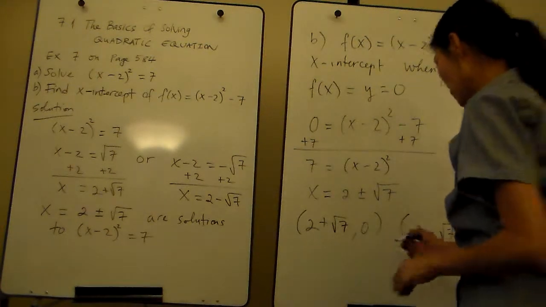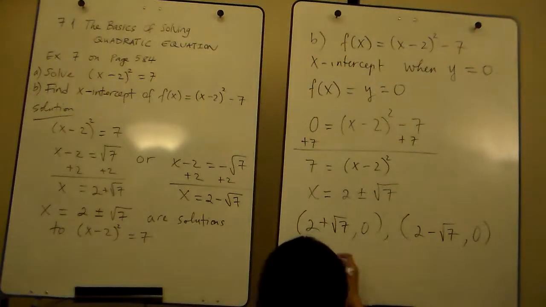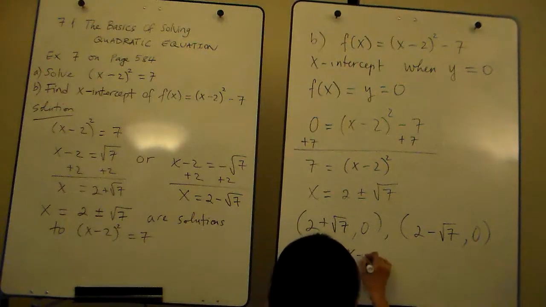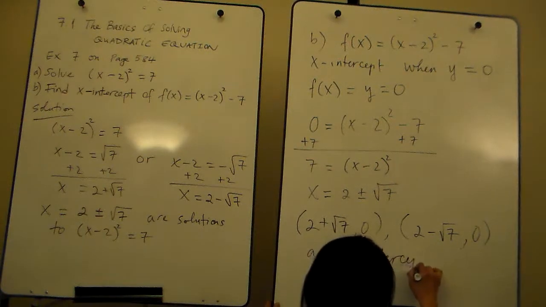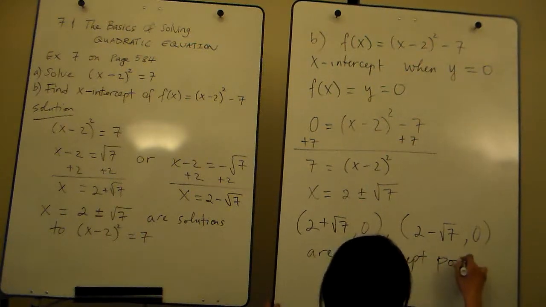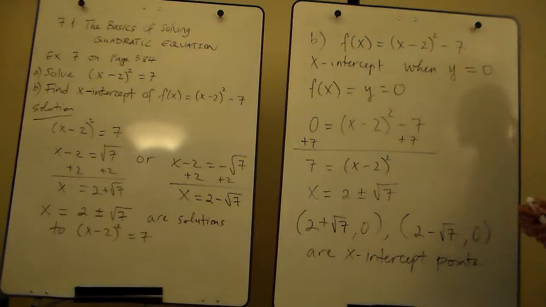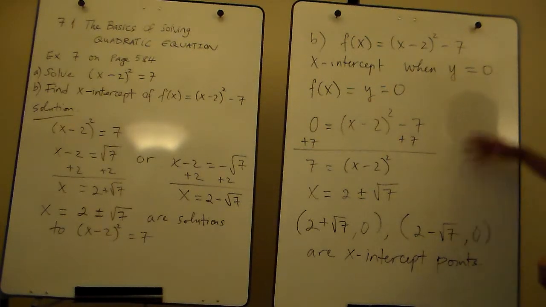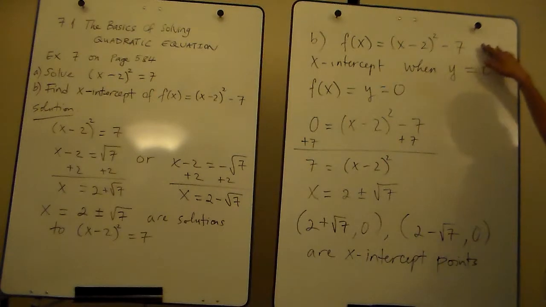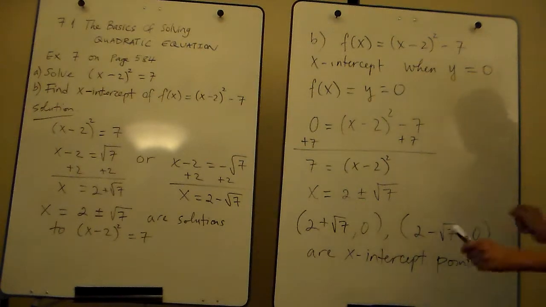So these 2 points are x-intercept points. Okay? This function crosses the x-axis. So these 2 points are on the x-axis. So when you draw this curve f(x), the 2 points on the x-axis are what I call x-intercepts.